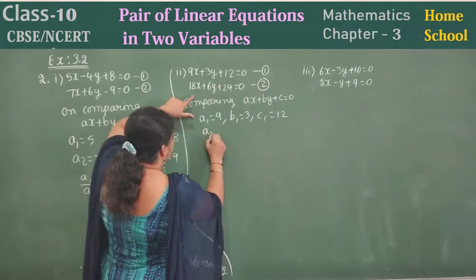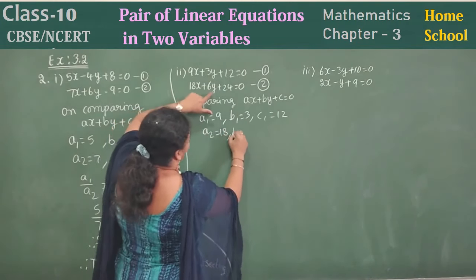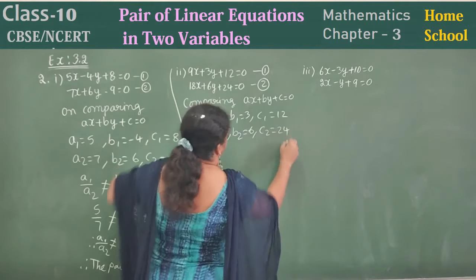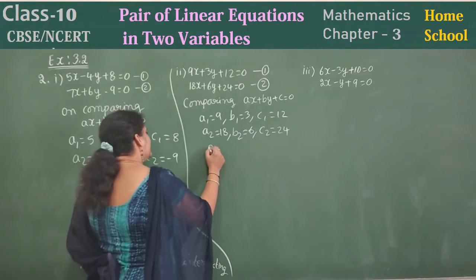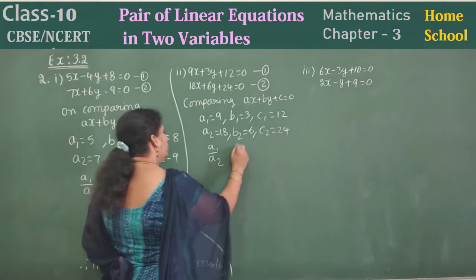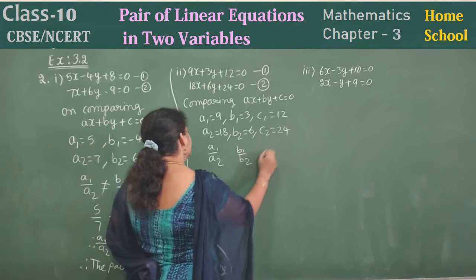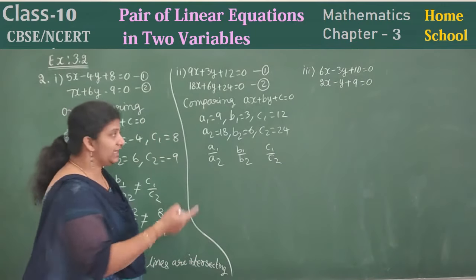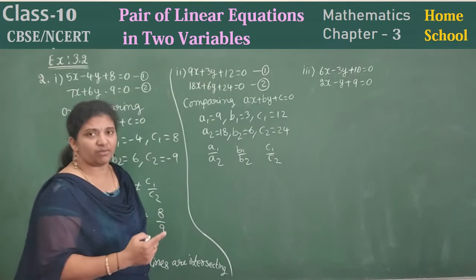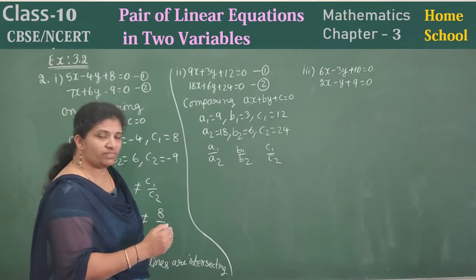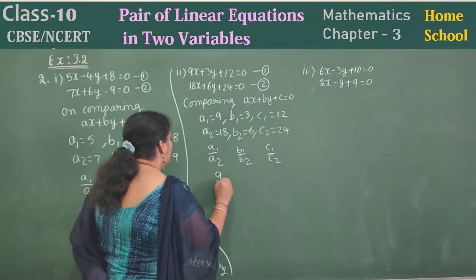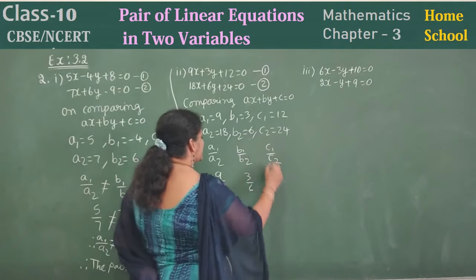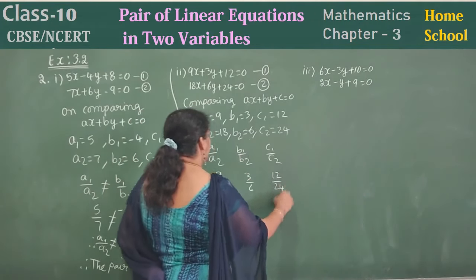And next equation, a2 equal to 18, b2 equal to 6, c2 equal to 24.